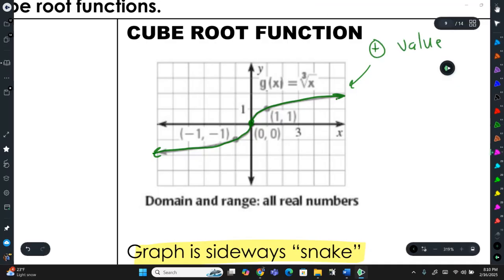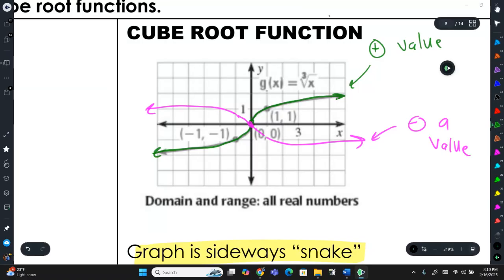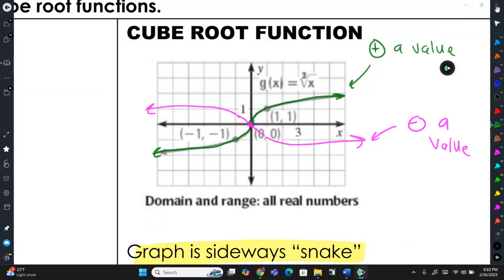If this were a negative a value, it would look like this. A reflection over the x-axis. We know all about that. So negative a value. Let's fix that up here, a value.